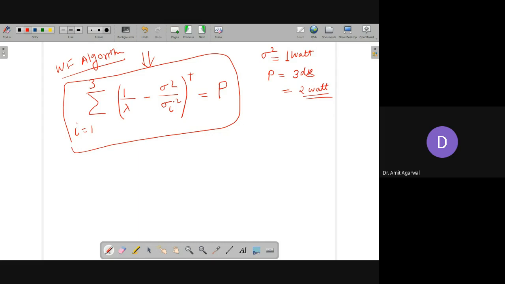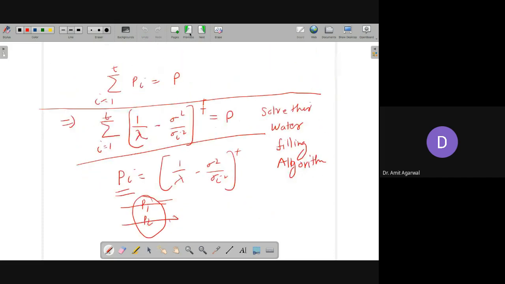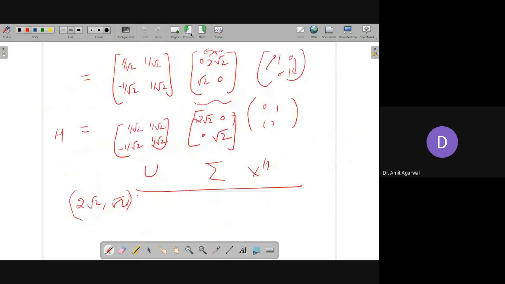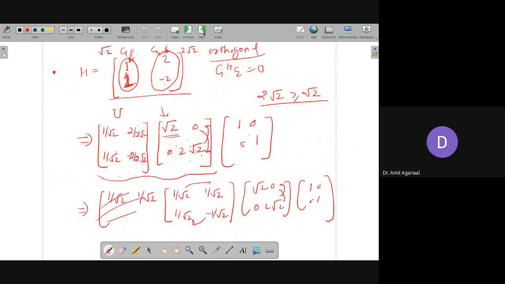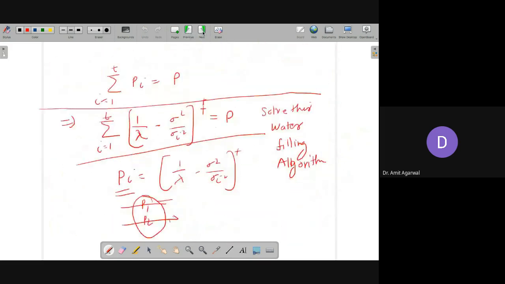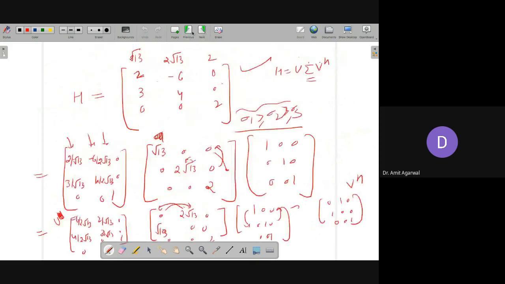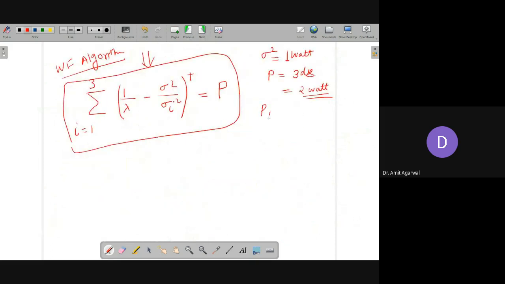So do you want to do it today or in the next class? Because it is 12:10, I think it will take time and will not be finished. So if you want to ask any question, you can ask from the previous lecture or today's lecture. We will solve the water filling algorithm in the next class, and we will find out what should be P1, P2, and P3, and correspondingly we will find the capacity.